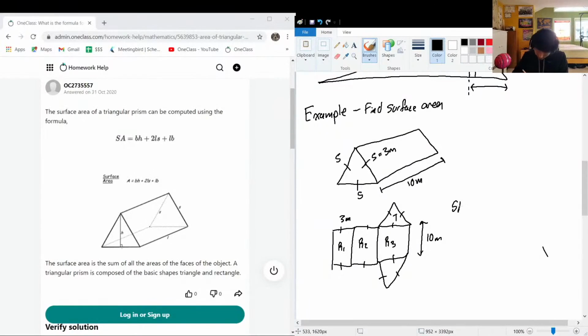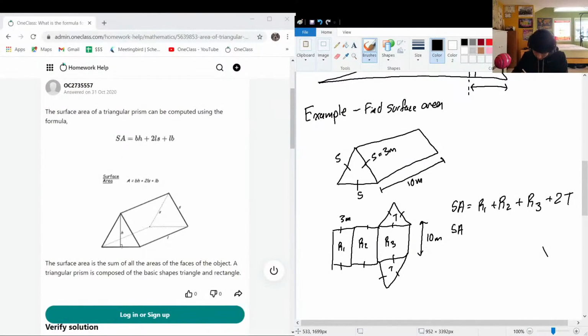Our surface area is equal to R1 plus R2 plus R3 plus 2 times T. That's a T as well. So let's find the area of our rectangles, and they're all the same. They're all 3 meters times 10 meters.